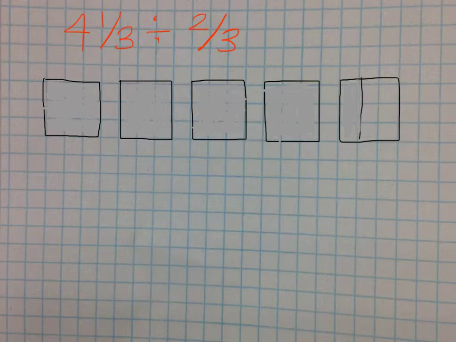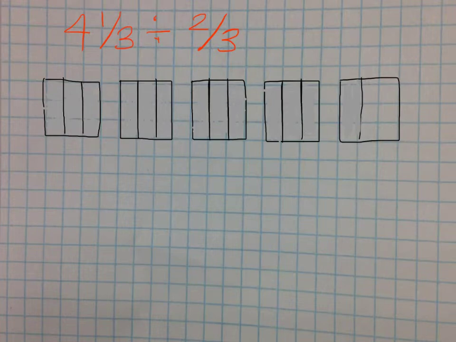So in order to do that, we're going to want to divide each of our whole numbers into thirds so that we can then regroup them into groups of 2/3 each.